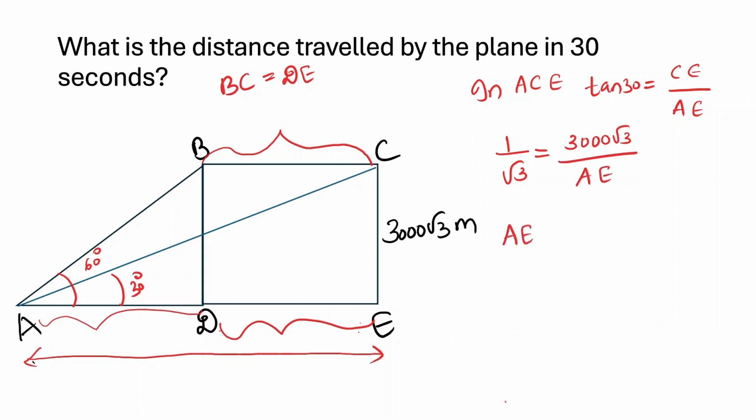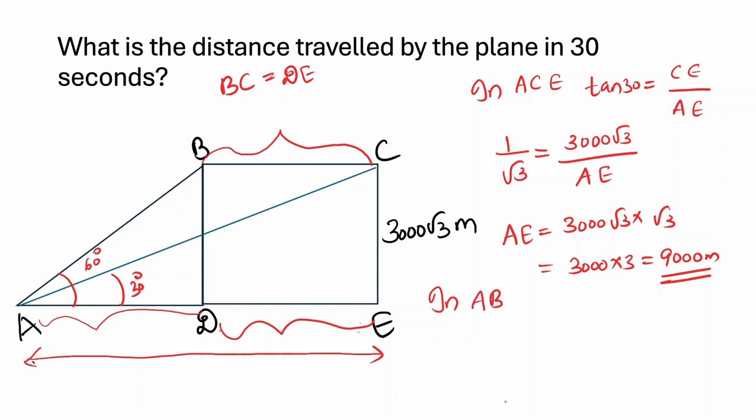So AE, that long distance, is 3000 root 3 times root 3. That is 3000 times 3, 9000 meters. Next, we have to find AD. For that, we want the triangle ABD.